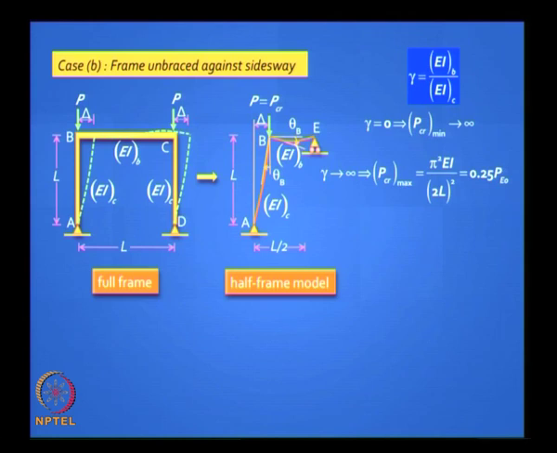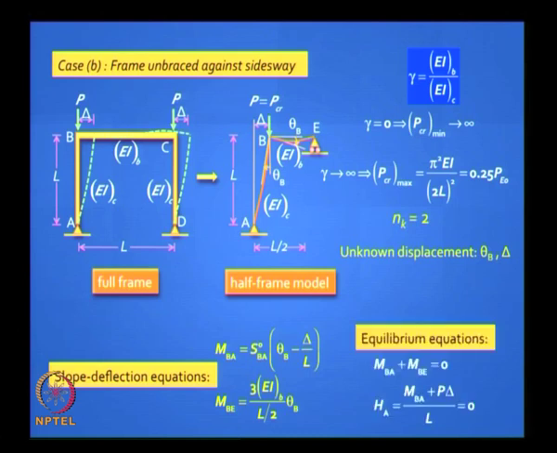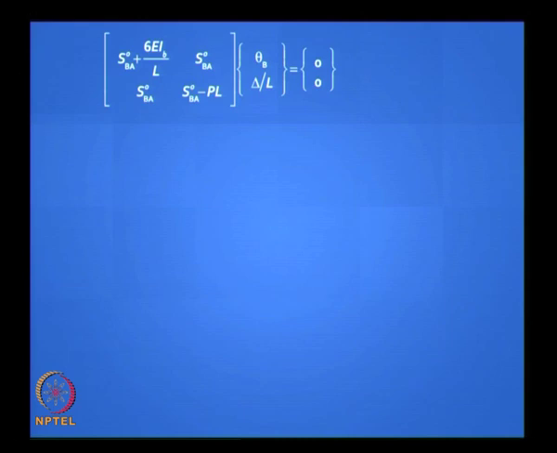It is going to be a little more difficult if you look at the case of sway. Why is it going to be more difficult? 2 degrees of freedom, but you can correctly guess the bounds, lower bound and upper bound. So 2 degrees of freedom, you have to write the equations carefully, including sway. We have learned how to do this, and if you write down the equilibrium equations, you have to have a sway degree of freedom, which we have done in the slope deflection method earlier. So HA should be 0, you plug it all in, you get an equation like that.